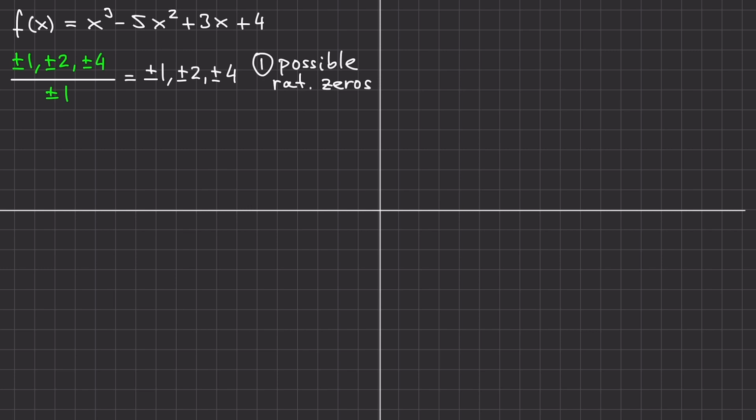Then we substituted these possible zeros into the function f of x to see if they are actual zeros.